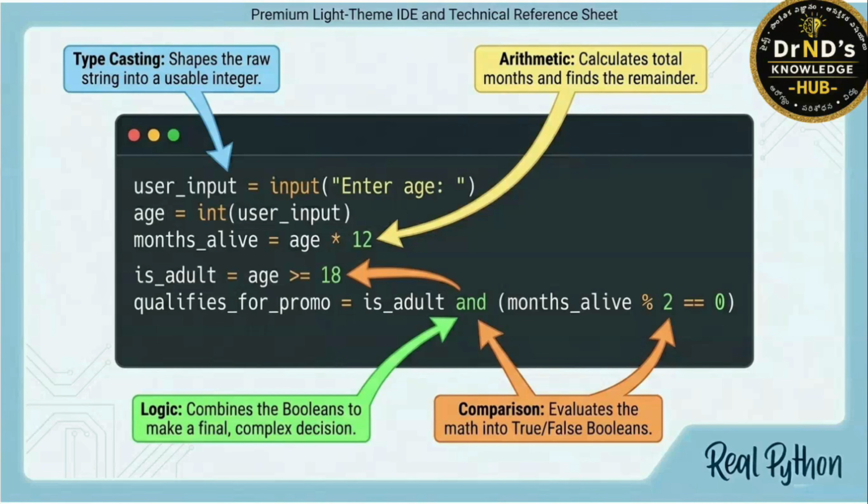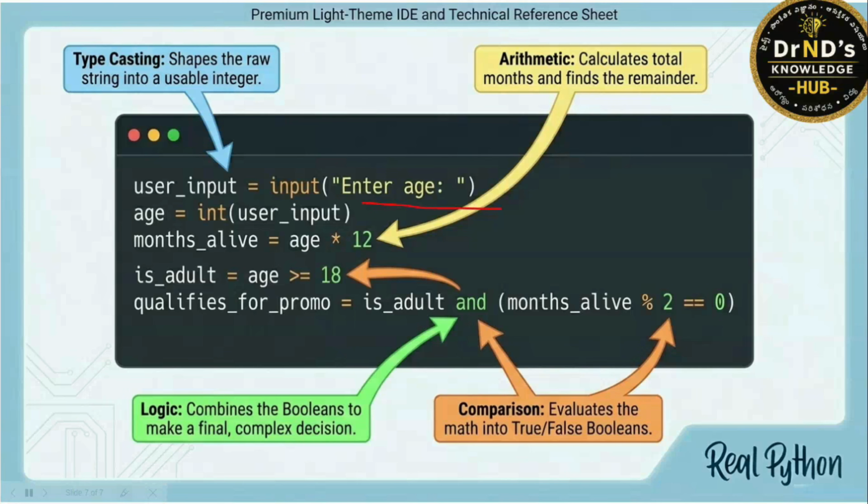Let's now combine everything we have learned into one simple Python program. First, you enter in a program user input is equal to input inside brackets enter age. The user enters their age.